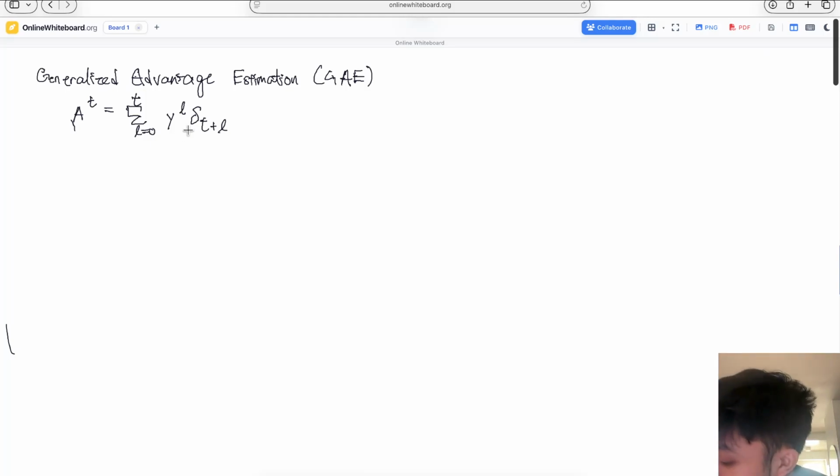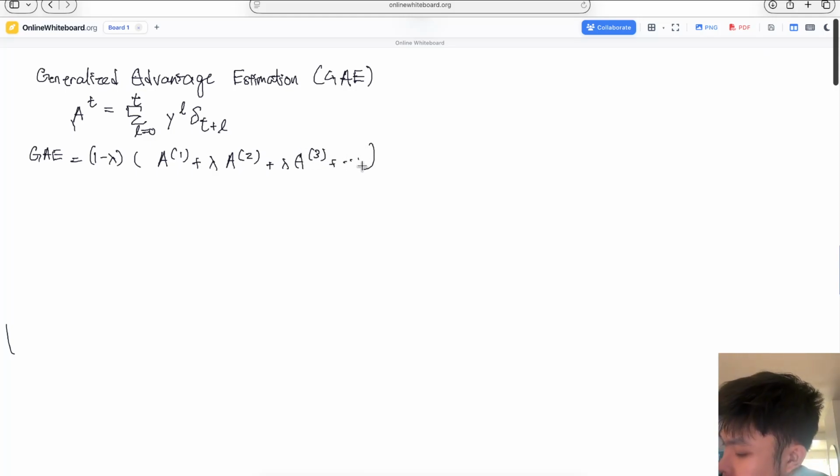And we showed that instead of choosing a single time step, we can actually take a weighted average. So GAE equals 1 minus lambda times A1 plus lambda A2 plus lambda squared A3 and so on.